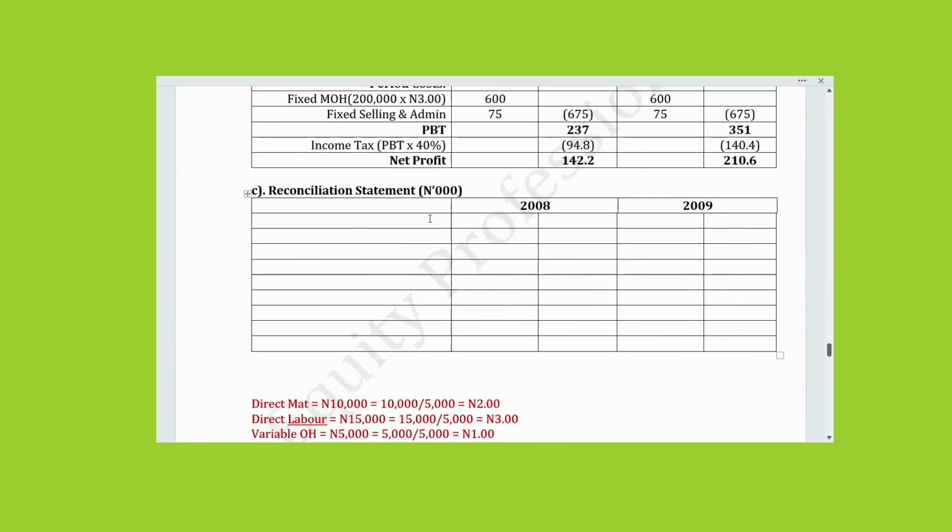So the next thing we are going to do now is the first item under the format for calculating reconciliation statements. The first item will be profit before tax. We are looking for difference. Difference in profit before tax.